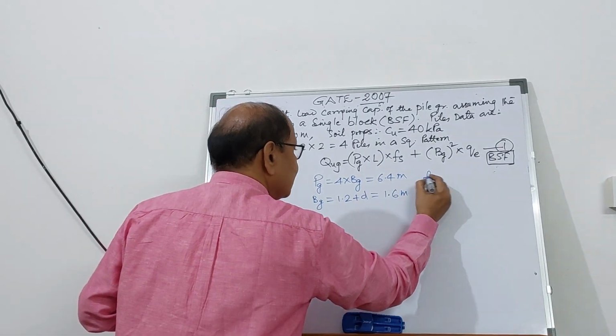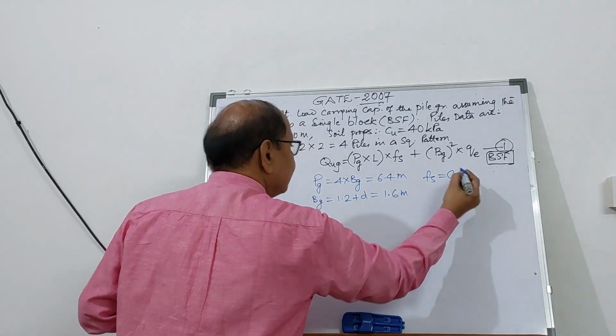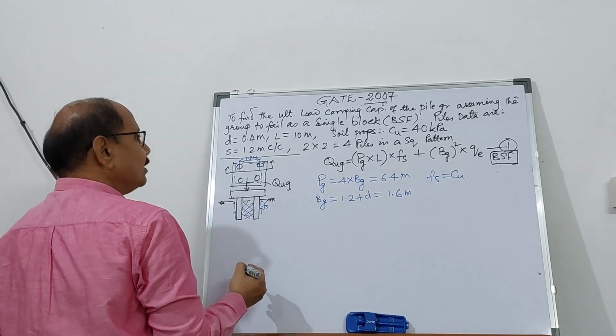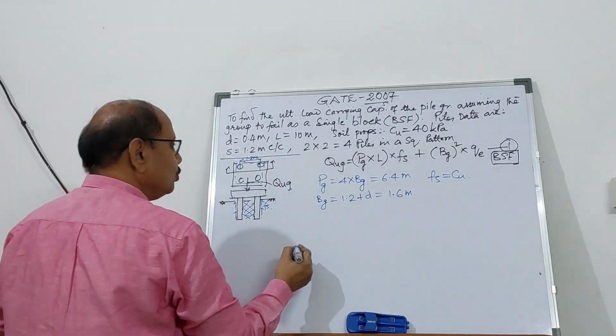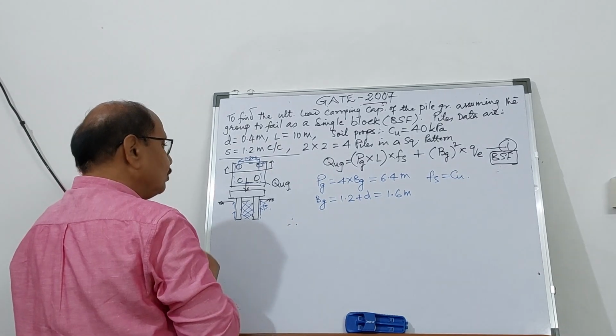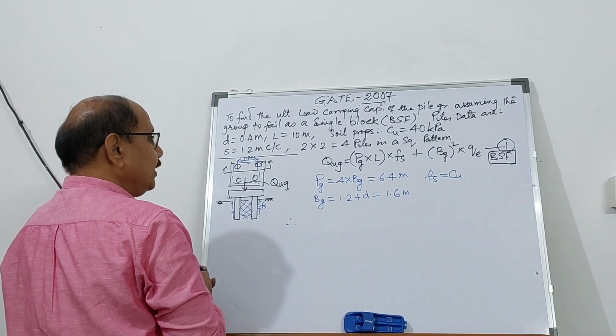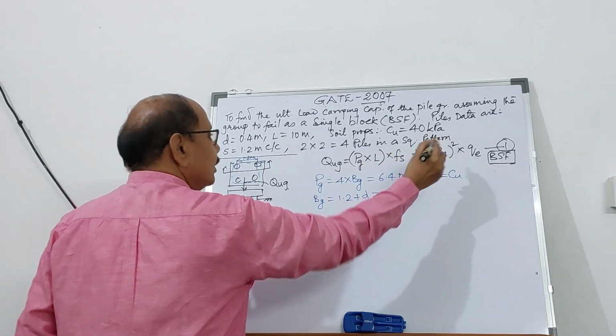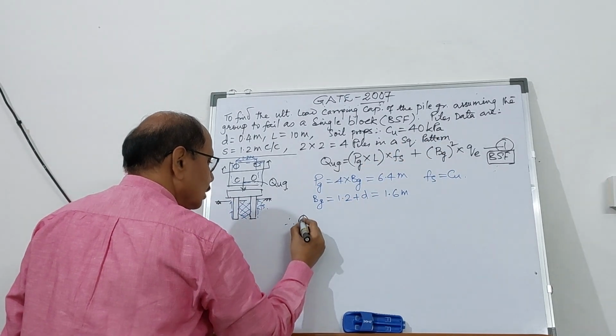Here Fs will be Cu in block shear failure, and the value of Cu is given to you. Therefore, calculate the value of QUG from expression 1.